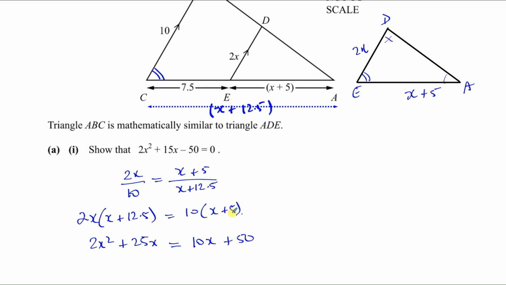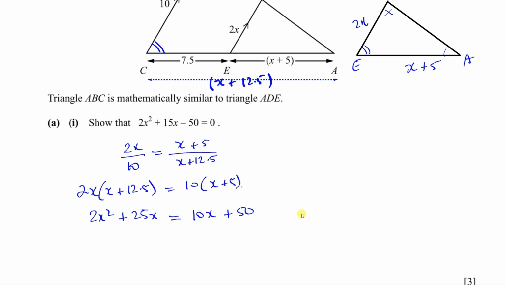Don't forget to multiply the 10 with both the terms inside the bracket. So we have 2x squared plus 25x minus 10x and minus 50 equals 0, which leaves us with 2x squared plus 15x minus 50 is equal to 0, which is exactly what we have to show.